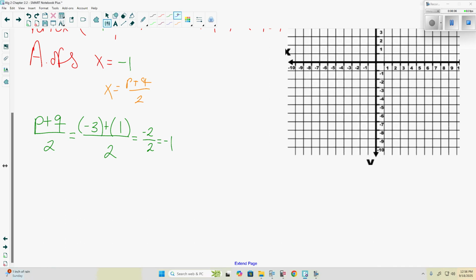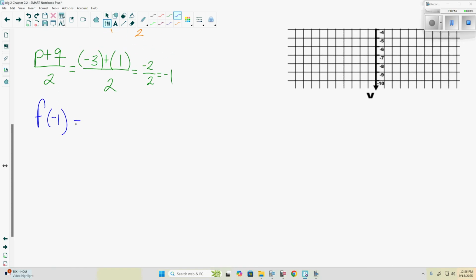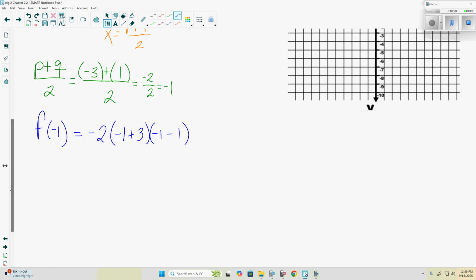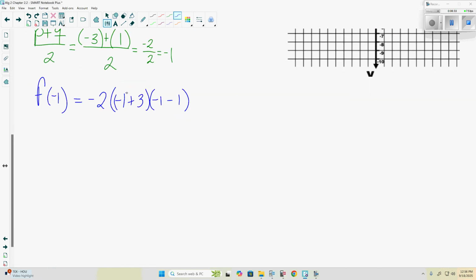Now the other part is to find the y value. So we have f of p plus q over 2, or f of negative 1, which is going to be negative 2 times negative 1 plus 3 times negative 1 minus 1. Now we could put parentheses around the negative 1.